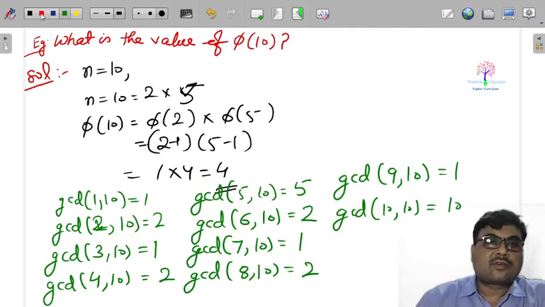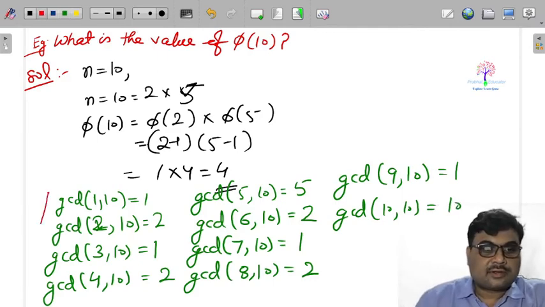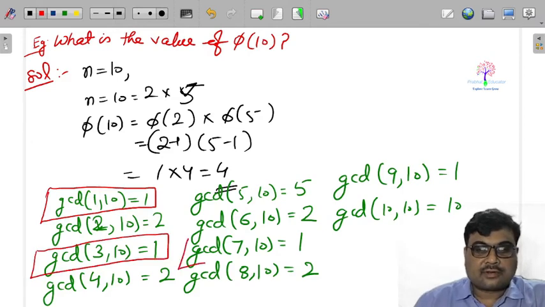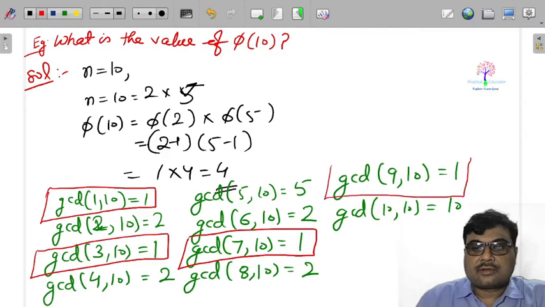So how to do this? Here this is 1, that is 1, that is 1, that is 1.